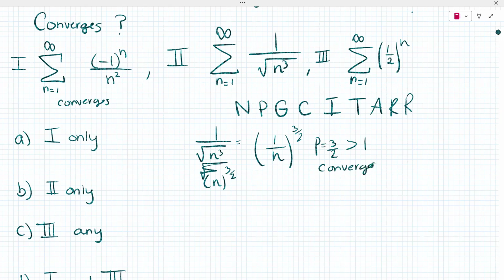So far, Roman numeral 1 works, Roman numeral 2 works. What about Roman numeral 3? What kind of series is it? It's 1/2 raised to the n, so it looks like a geometric series.